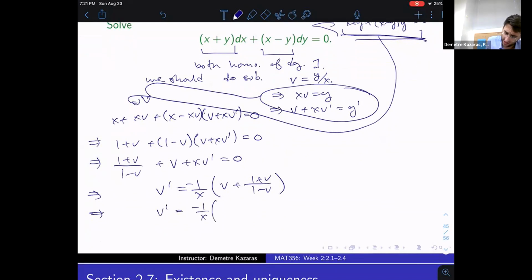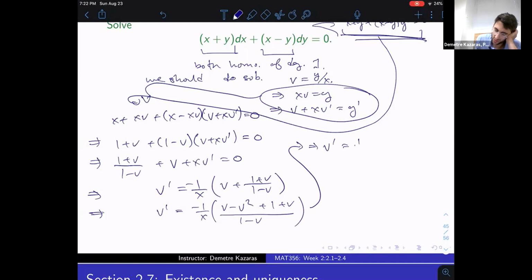Let's combine these two things here. So this will be v minus v squared plus 1 plus v over 1 minus v. All right, so this is v prime is equal to 1 over x, the minus sign.